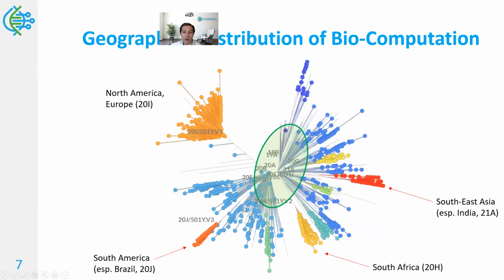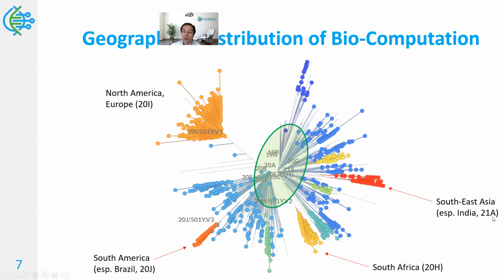In terms of geography, as I was mentioning, orange colors, as you saw, are North America and Europe largely. Here are some emergent strains in South America, Brazil, Argentina, Paraguay, South Africa, and other sub-Saharan countries have this strain 20H.